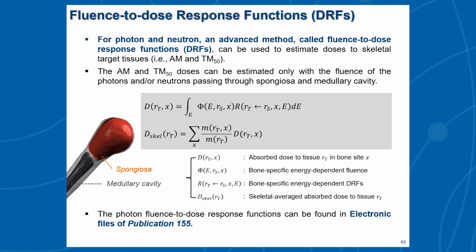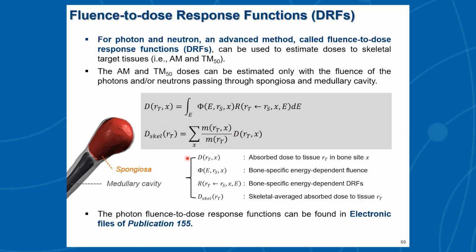The DRF exists as a function of energies, and you can calculate the dose values by multiplying the fluences of the uncharged particles with the corresponding DRFs. Then, by adopting the mass fraction approximation technique here, you can calculate the doses to skeletal target tissues.